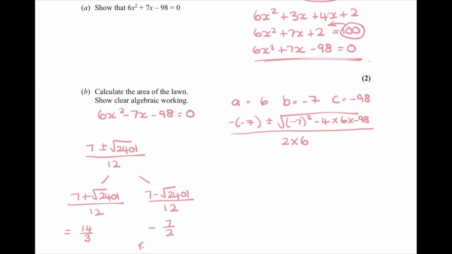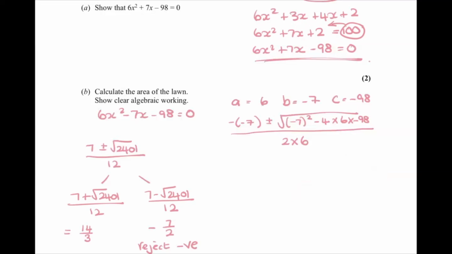I will be rejecting this result because it is negative, and you can't have a length that is negative. So I know that 14 over 3 is the value for x that I need to use, okay? Now they're asking me just to find the area of the lawn. So it's important that I clock that and don't do the entire rectangle.